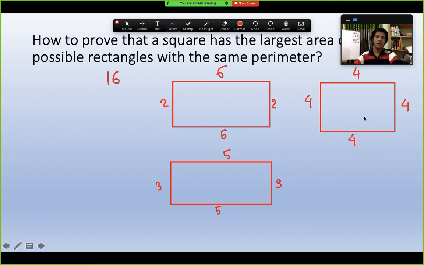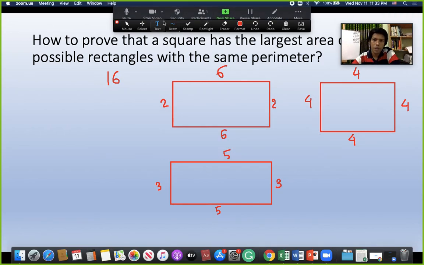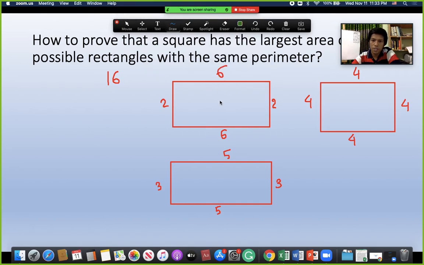Now our question is, which figure has the maximum area? Area means length into breadth, or length into width. So 6 into 2, that means the area is 12.